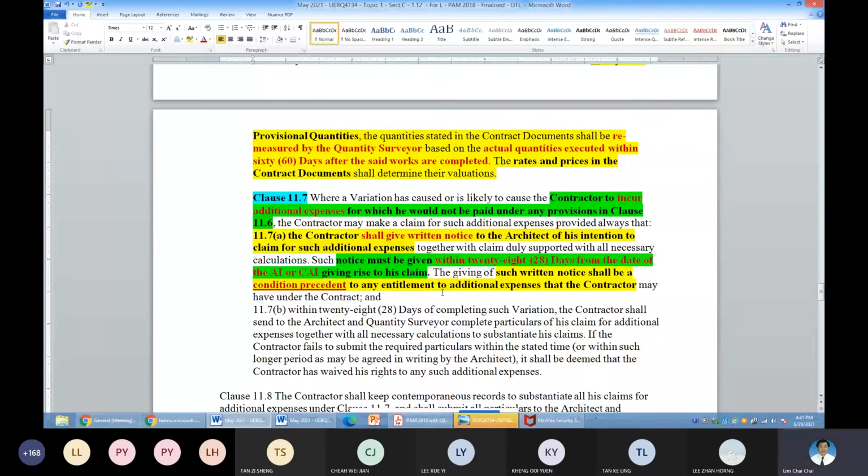For your rights under common law, the duration of your rights expires after the expiry of the Limitation Act provision. The Limitation Act 1953, which is one of the tutorial questions. You read it up, then you know already. Normal contract, 6 years. Special contract, 12 years. Tort, 6 years, and so on. So this is something for you to be very, very careful about. Okay, that is 11.7.